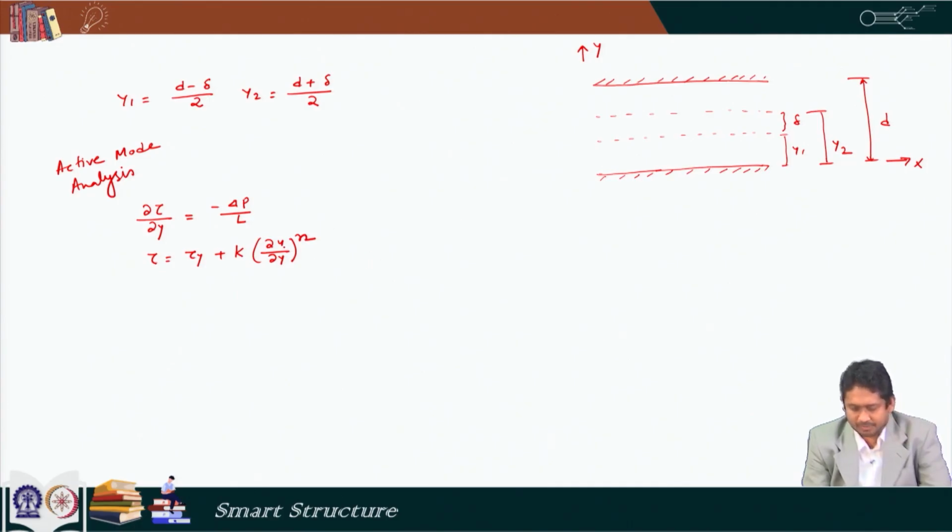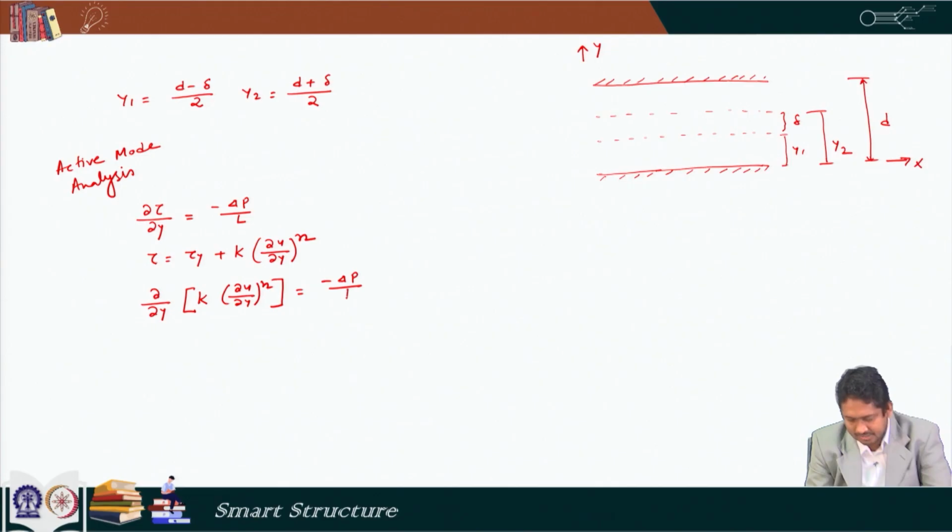Now, if we substitute into the governing differential equation, the equation of motion becomes del by del y of k del u by del y to the power n equal to minus del p by L.